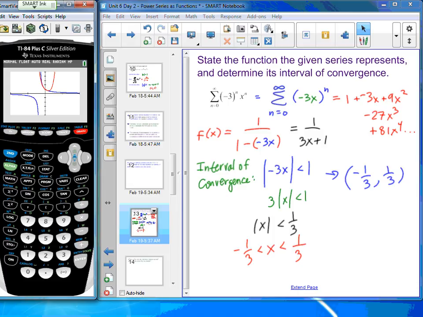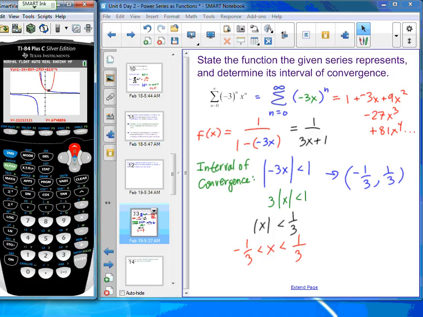Well, our interval of convergence that we determined algebraically was only between negative 1/3 and positive 1/3. So we're really only looking in this little window to see how well our power series does. We know that it's going to diverge as soon as we get to 1/3. If I enter something like 0.2, trace, enter, we see that the difference between my actual function values and my predicted is still just 0.02.